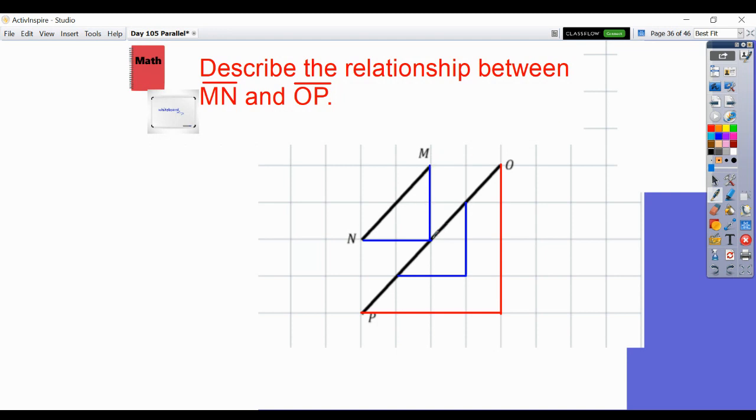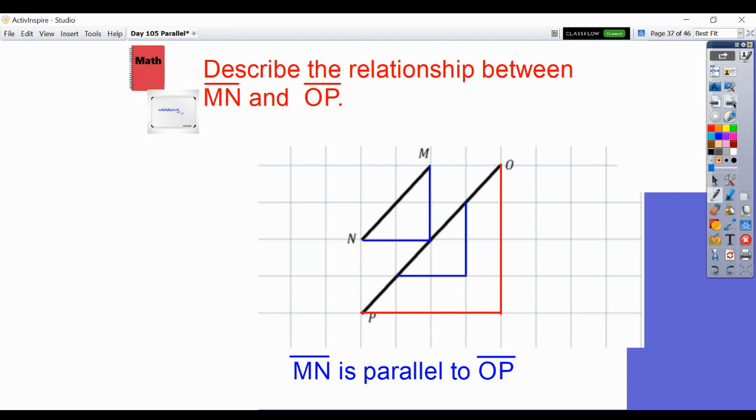There's a right triangle for MN, and you've drawn that same right triangle inside here. So describe the relationship between the line MN and OP. They are parallel lines. MN is parallel to OP. Please make sure you're including all of this in your notebook.